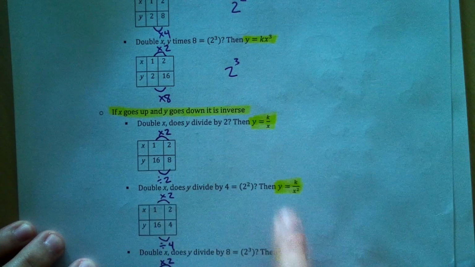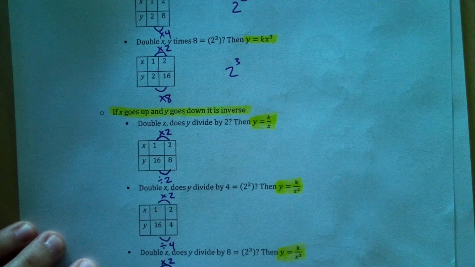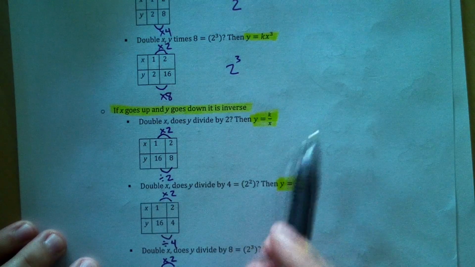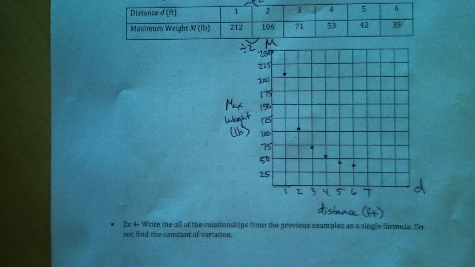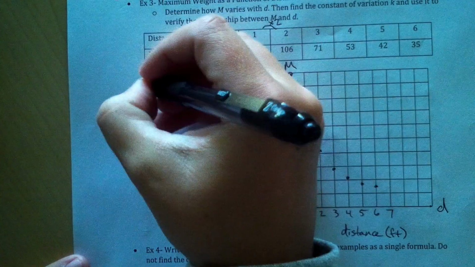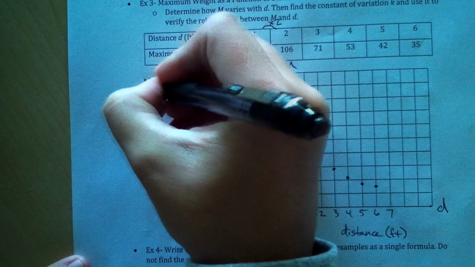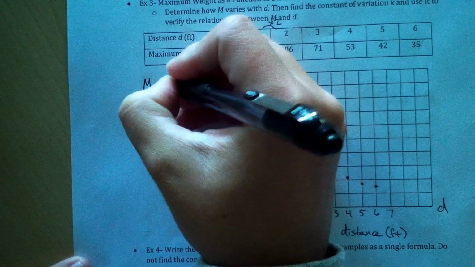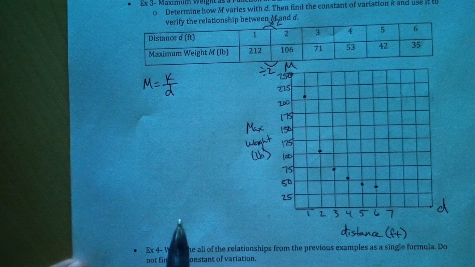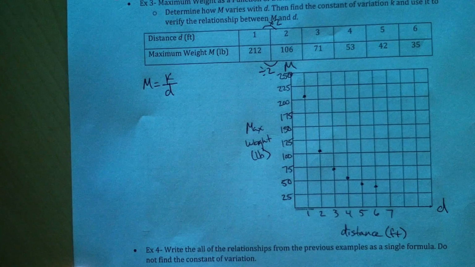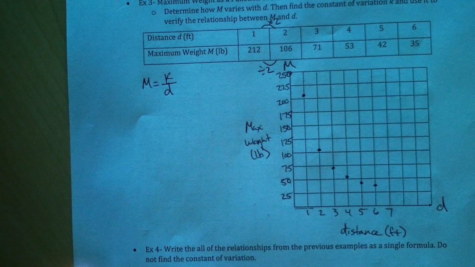So what do we think? Is 70.6 repeating close to 71? Yeah, it would be, right? So does this seem like it's probably a good fit? Yeah. And again, those other two were spot on, exactly the same, but it doesn't have to be. They can be just close, just like we were doing the other day. So the one that works there would be m is equal to 212 over d, or the general one would be m is equal to k over d.